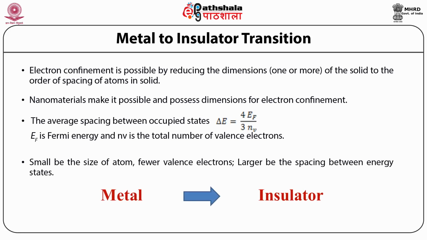So the smaller the size of the atom, the fewer the valence electrons and the larger the spacing between the energy states. So students, we have successfully converted the metal at nanoscale into an insulator.